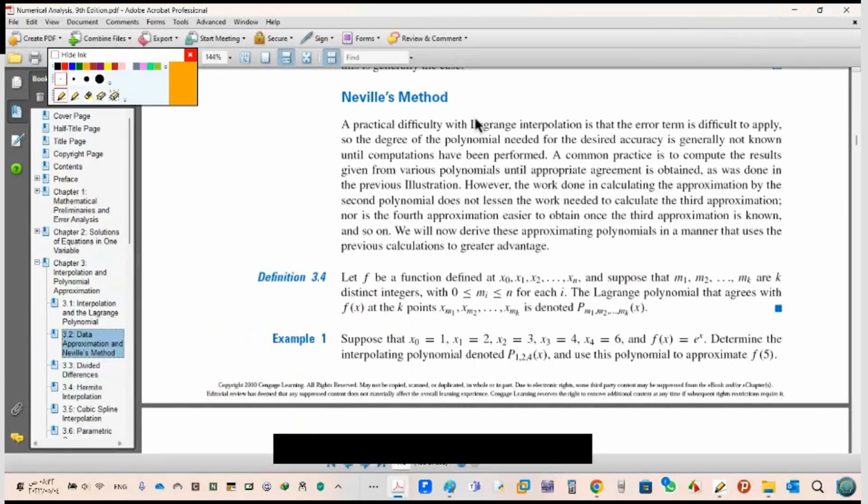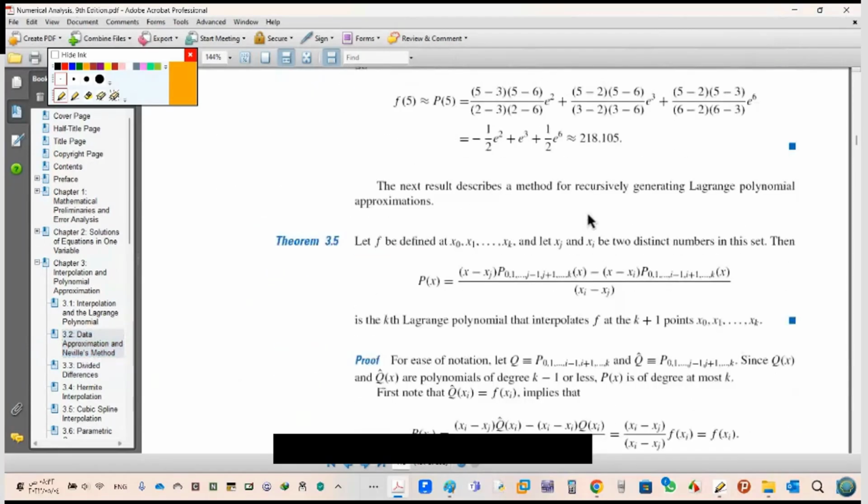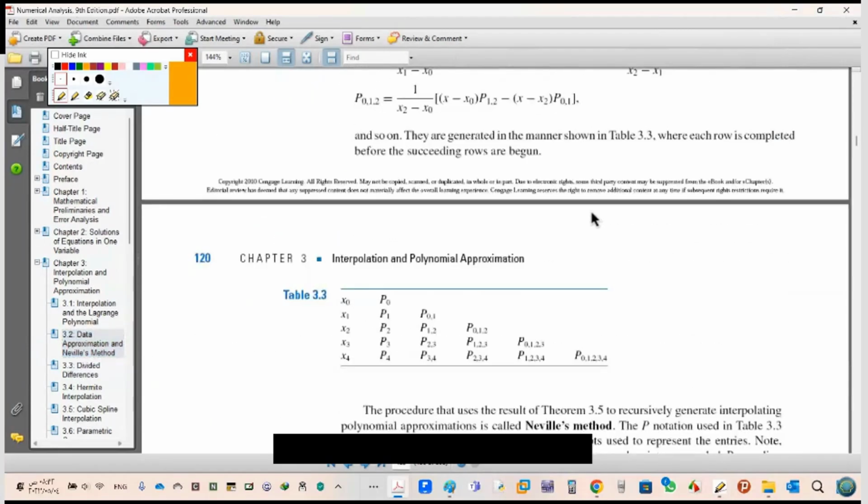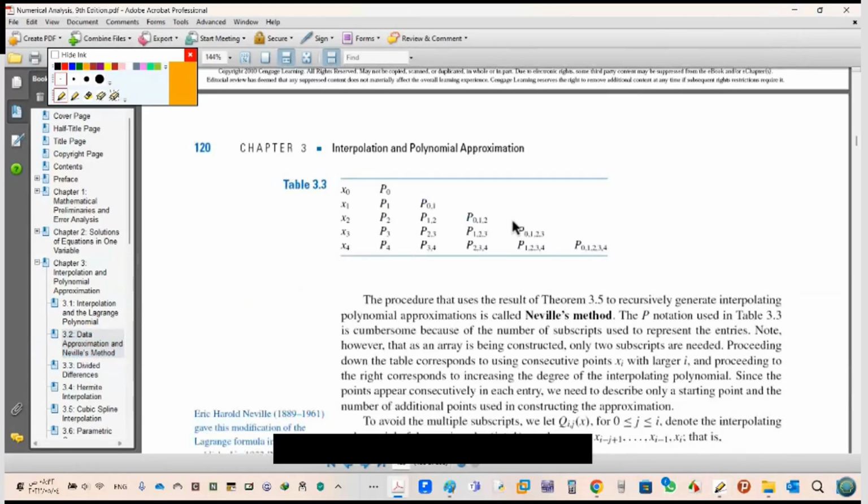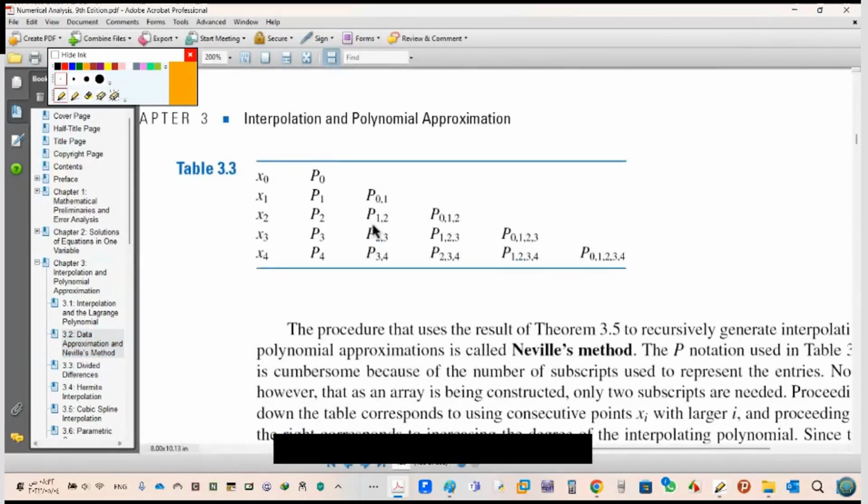Neville method is practical, whereas Lagrange is difficult to apply. So in Neville method, we want to find a value without a formula.